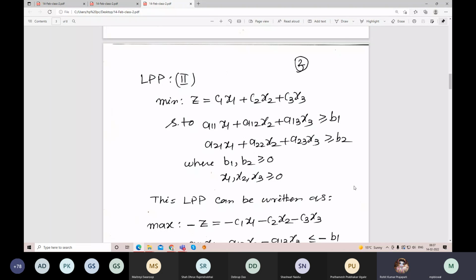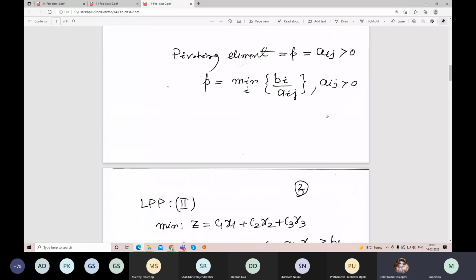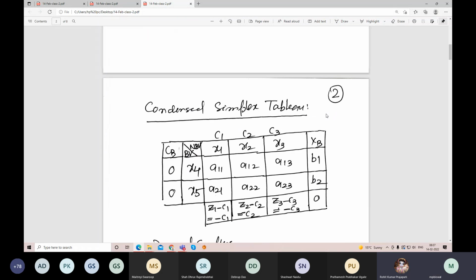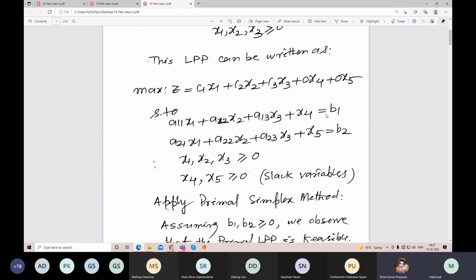Once you say equality type, your life becomes very complicated. Yes or no? Slack, surplus variables. Once you include the slack, surplus and artificial variables, the number of variables will increase like anything, and you will face a lot of difficulty. 5 variables, 2 equations. Earlier, if somebody solves using the basic feasible solution method, how many systems will be solved?